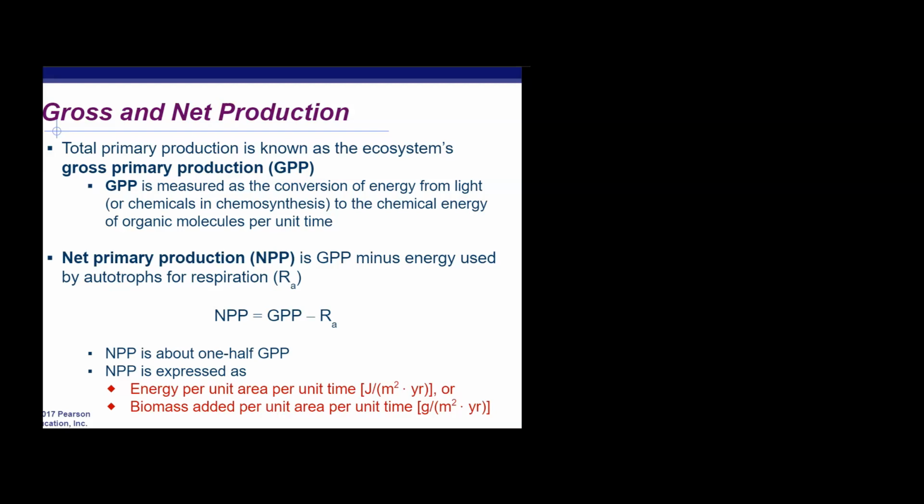Generally, what we find is that net primary production ends up being about 1/2 of the gross primary production. And the units of measure for net primary production are joules per meter squared per year, for example, as opposed to biomass, which we could also use as GPP and NPP. So biomass, if we were to use that as our measure, would be grams of dry mass per meter squared per year.